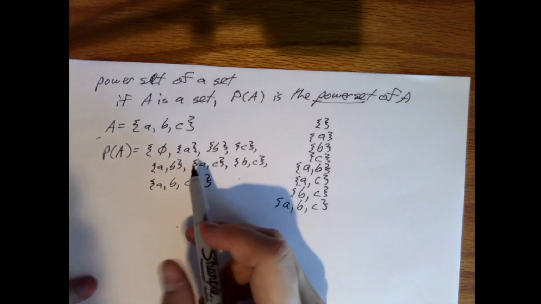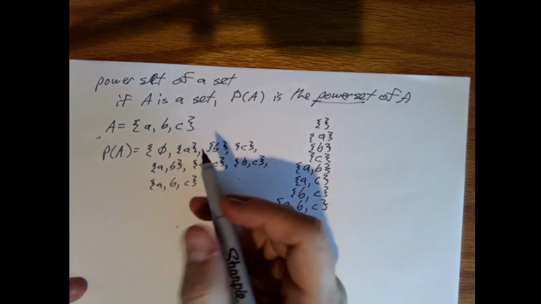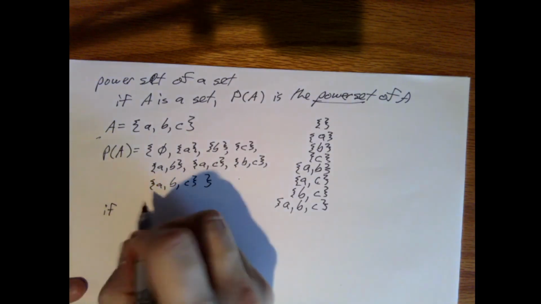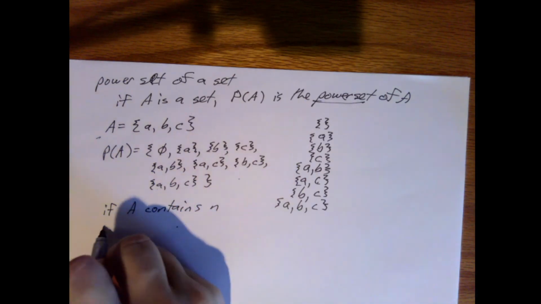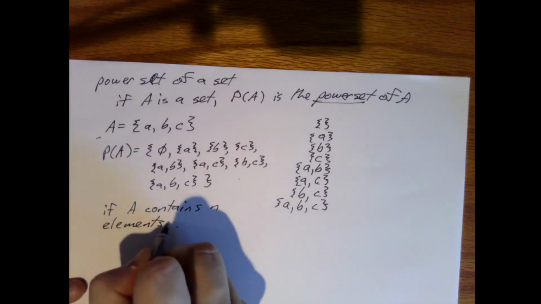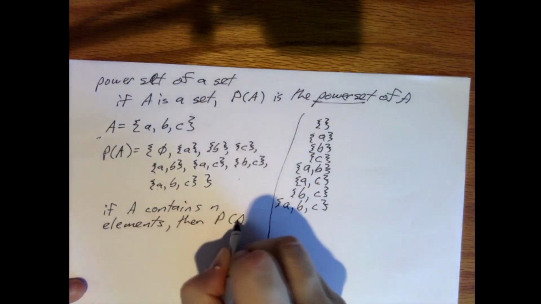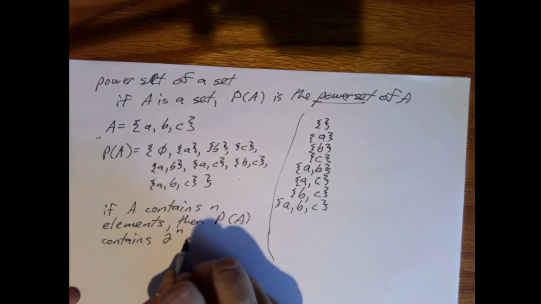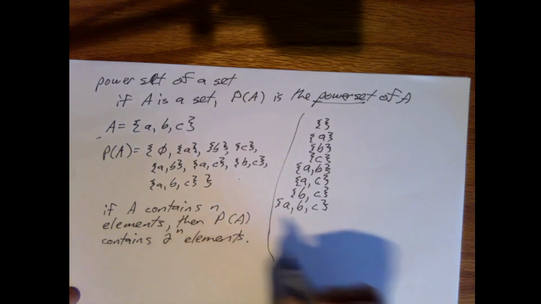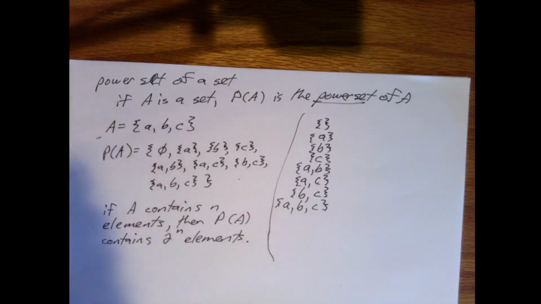There's all the elements of the power set. I was counting because we can know in advance. So if A contains n elements, then the power set of A contains 2 to the n elements. In this case, there are 3 elements in A, so 2 cubed is 8, which is what we just saw here. So that's the power set.